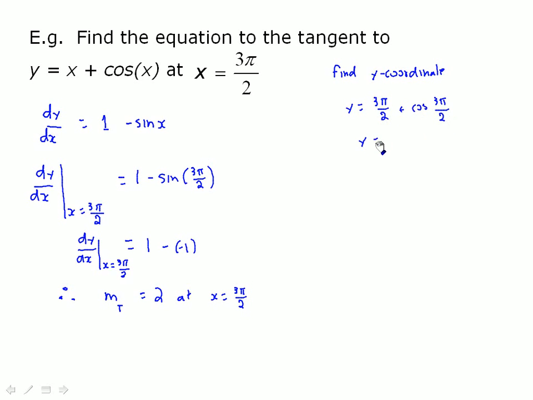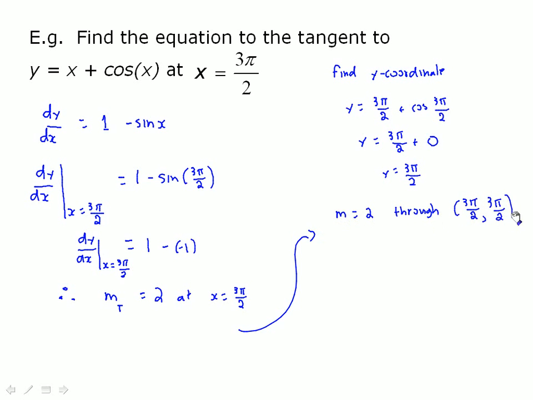Now, the cosine of 3 pi over 2, if you take a look at your unit circle, is 0. So y is equal to 3 pi over 2. So really what we want is the equation of the tangent line where m is equal to 2 through the point x is 3 pi over 2, and y happens to also be 3 pi over 2.